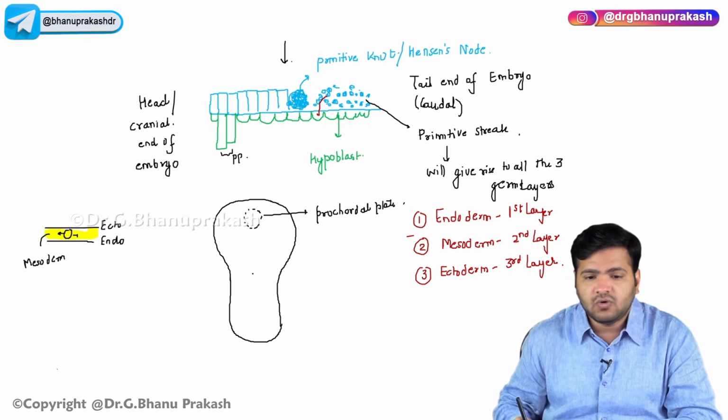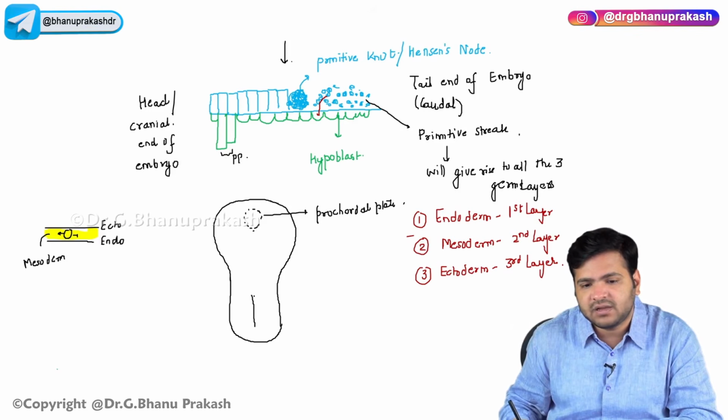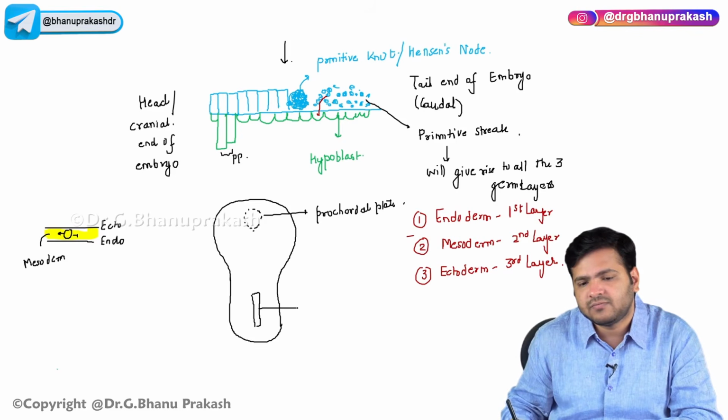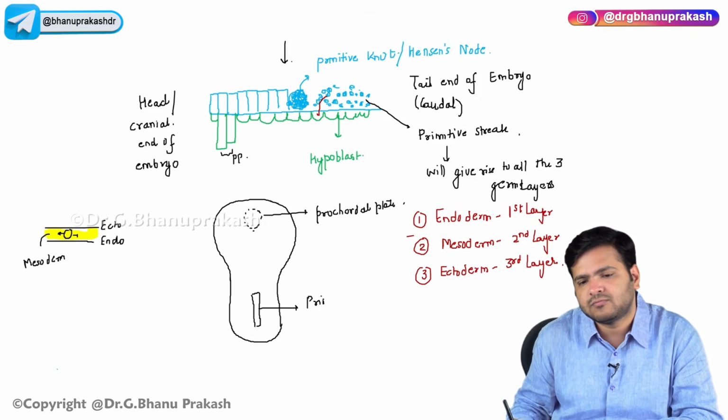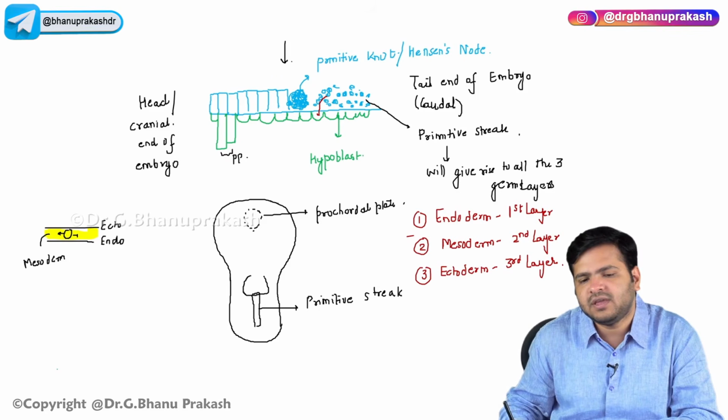Now the notochord, it is coming. For example, you already know we have the primitive streak, right? We have this primitive streak, and on the primitive streak we have this primitive knot.